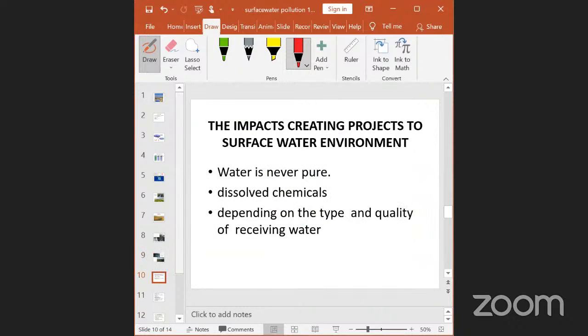Next is the impacts of projects on the surface water environment. In this environment, all surface water is never pure. Remember this, never pure. Pure water is always colorless, right?